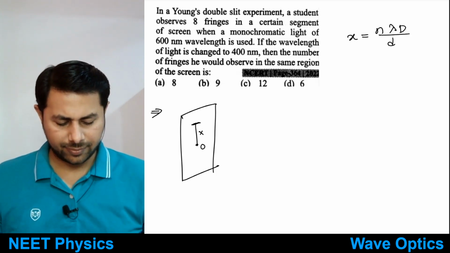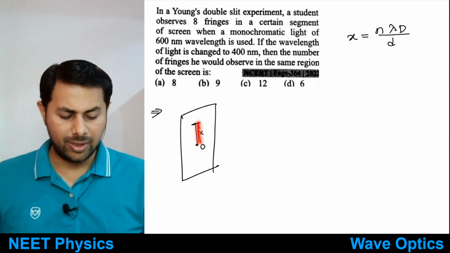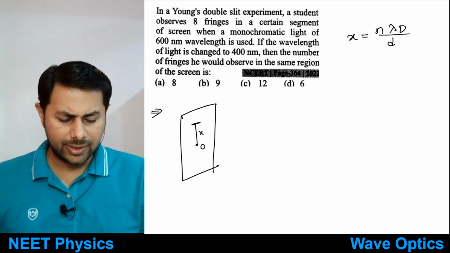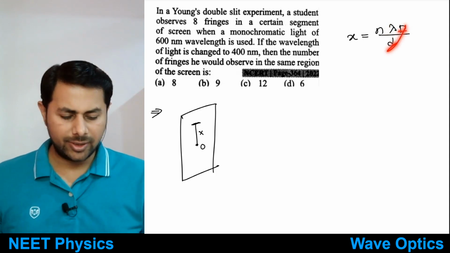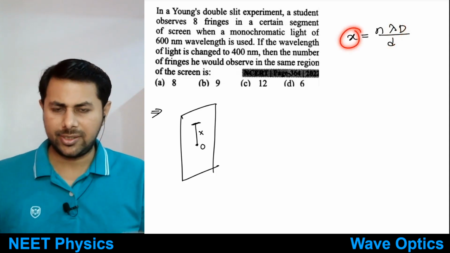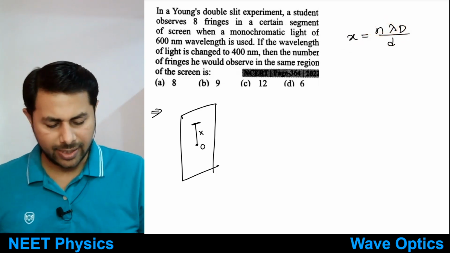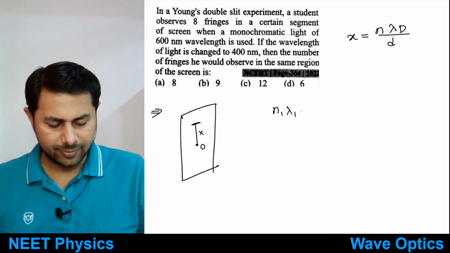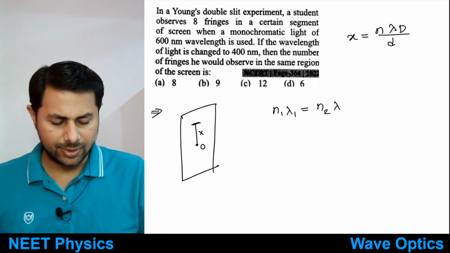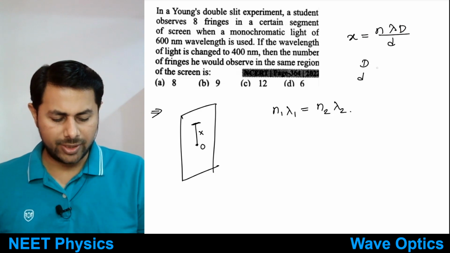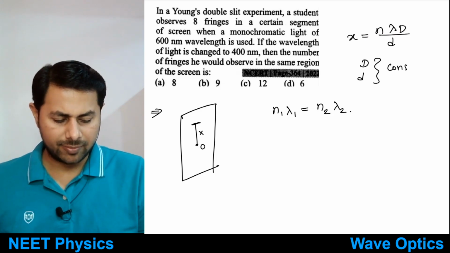Now the distance is the same, the number of fringes might be different, the wavelength is different, and capital D and small d are constants. So for this fixed distance, n times lambda is a constant. So n1 lambda 1 must be equal to n2 lambda 2.